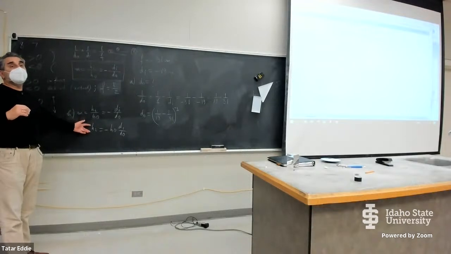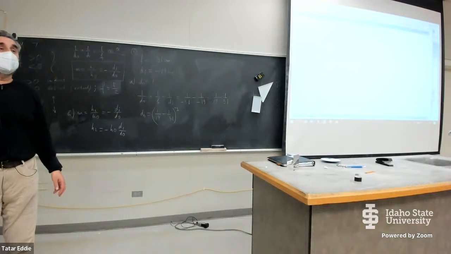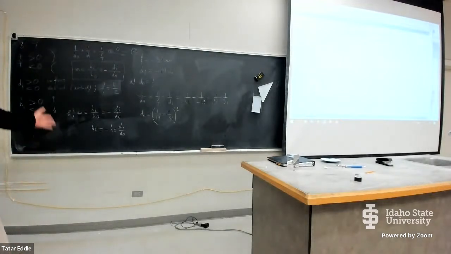If the algebraic sign of HI is negative, it is inverted. In our case, it is going to be always a positive algebraic sign for HI, and therefore always upright image. You're saying it's always positive because it's a convex mirror. Yes, yes. Convex mirror, always.